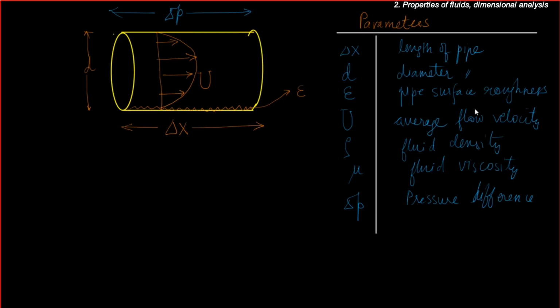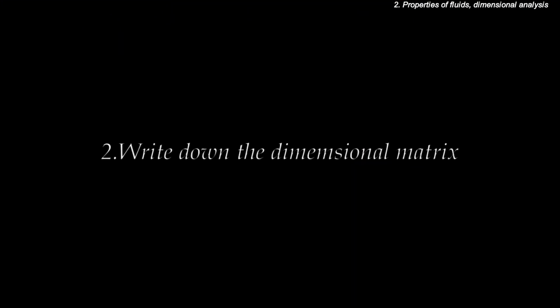Now we consider the 7 steps to non-dimensionalization. The first step is to identify the important parameters and variables in the problem. Let us consider as an example the flow of a viscous fluid through a pipe.